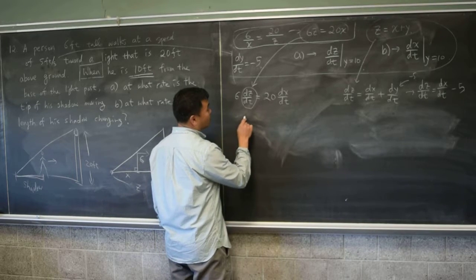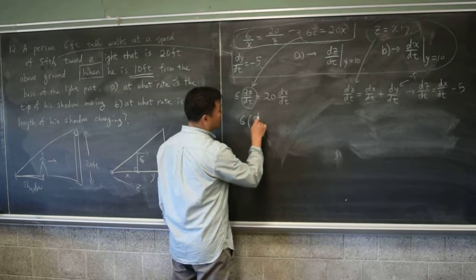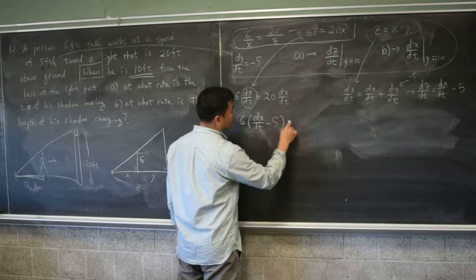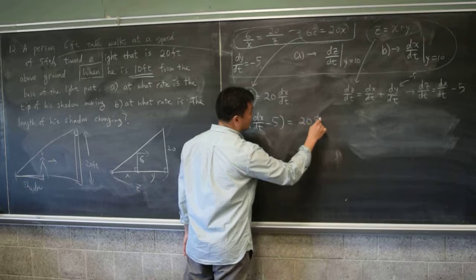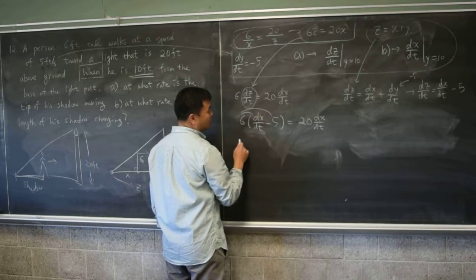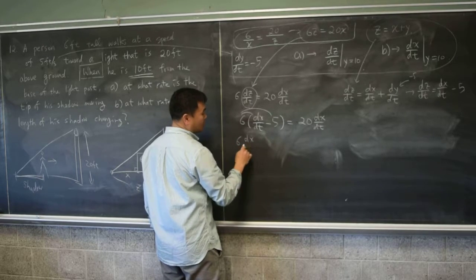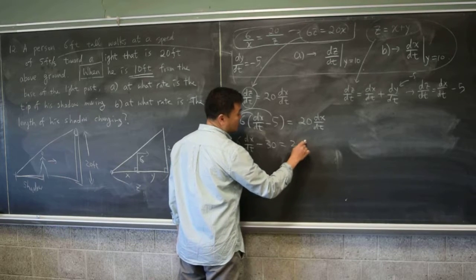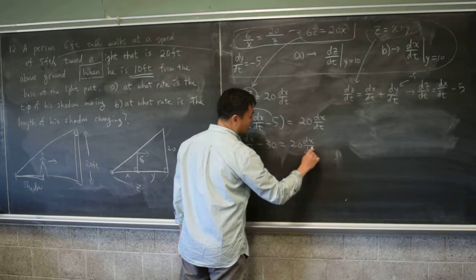So that 6 times dx dt minus 5 is 20 times dx dt. Then multiplying this out, you get 6 dx dt minus 30 is 20 dx dt.